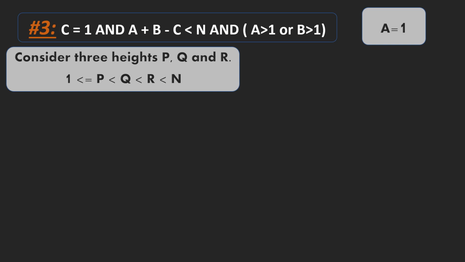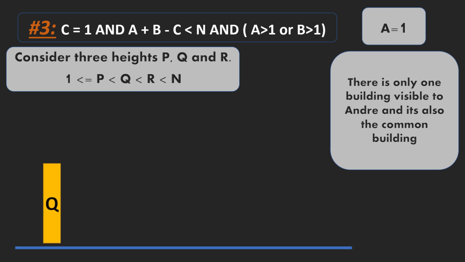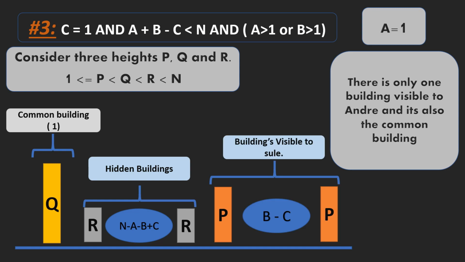There is only one building visible to Andre and it's also the common building. So first place the common building with height Q, then place the hidden buildings that are not visible to anyone with height R. Now place the buildings that are visible to Sule with height P. So Andre can only see the building with height Q and Sule can see buildings with height Q and P. This completes our A equal to 1 case.